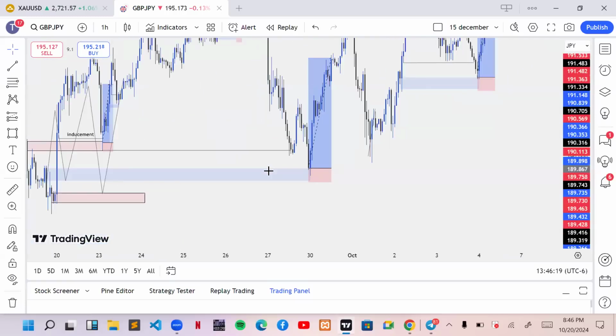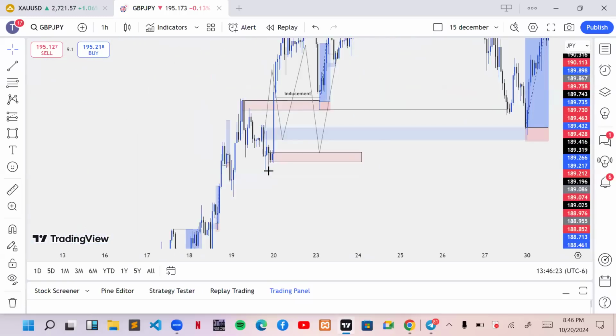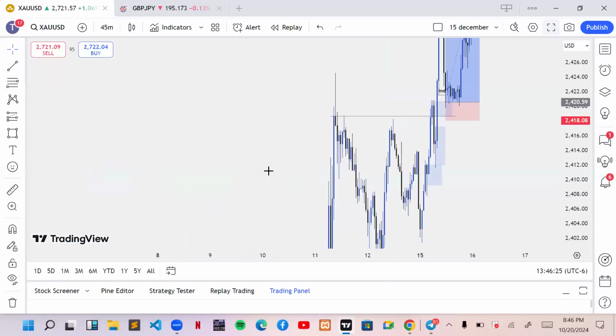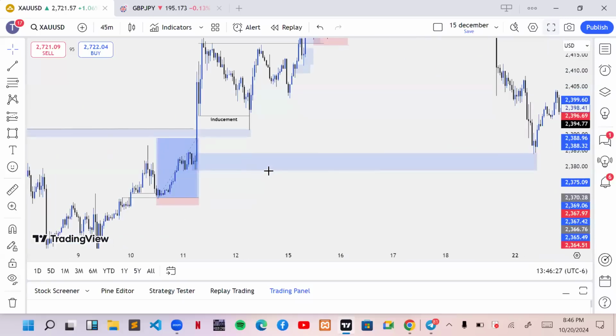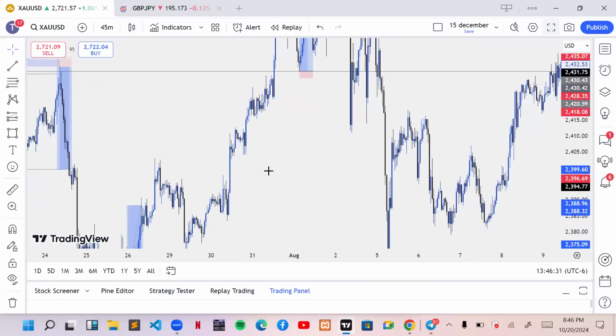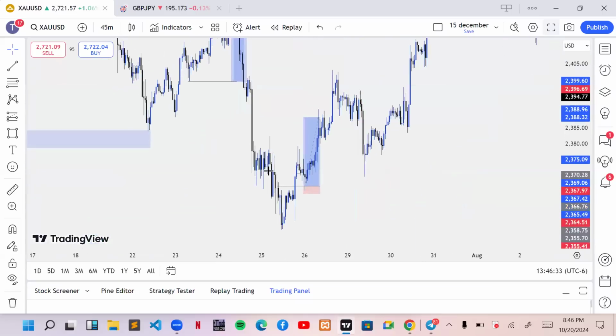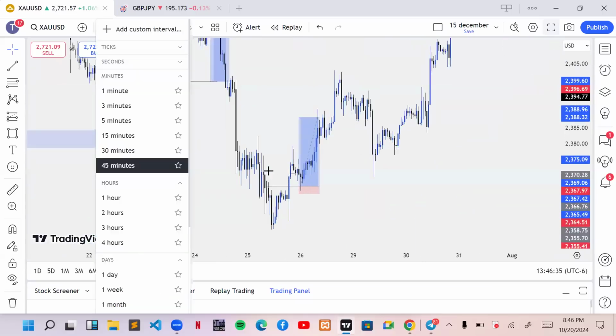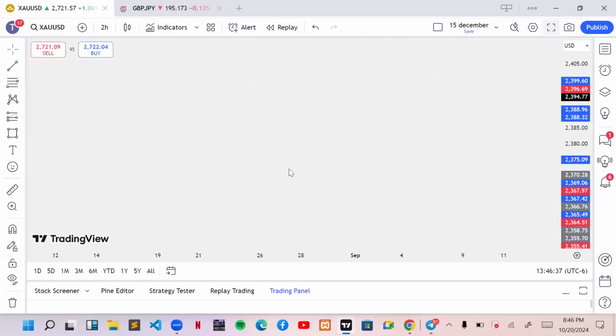The reason why, okay, let me see if I have a trade with another block. So I have a trade with another block. Let me show you so you know when to use another block. This is also a breaker block trade.